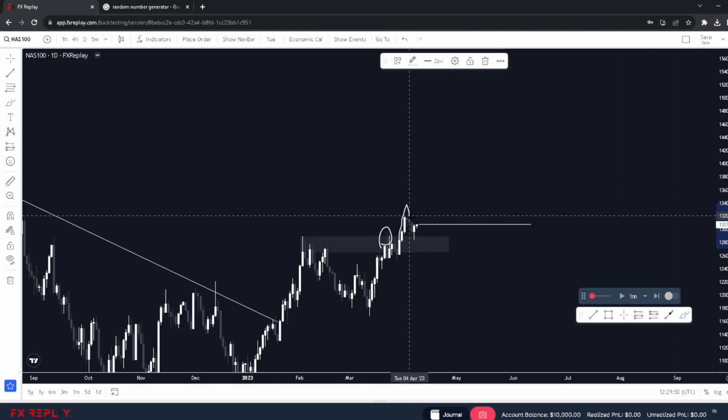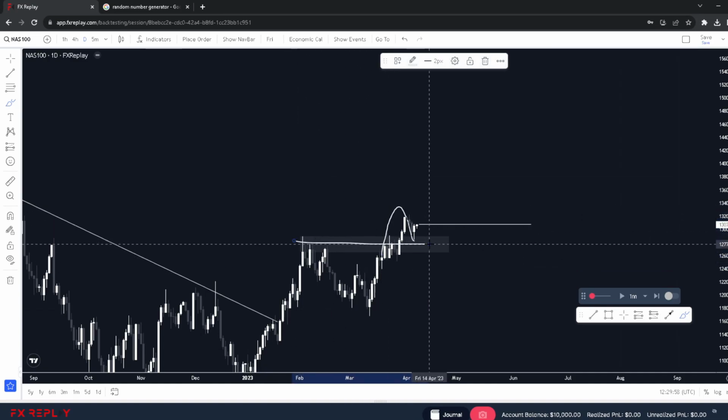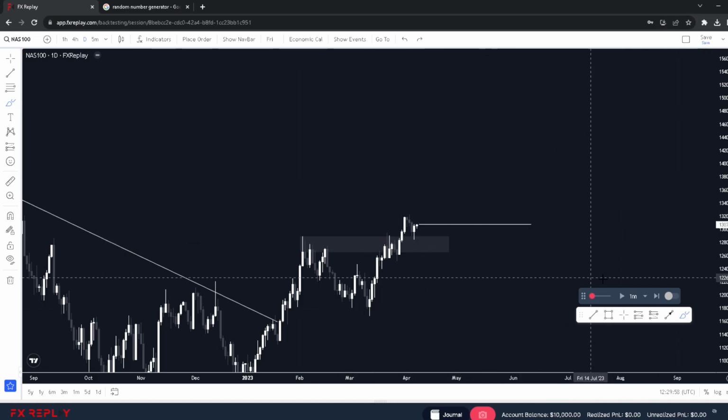When price broke out of it, came back down to retest it as a break and retest as support, and now price is bouncing off. So what we can deduce from this very simple analysis is price broke and retested this resistance level, forming a break and retest, which is pointing bullish. So our bias is buys.